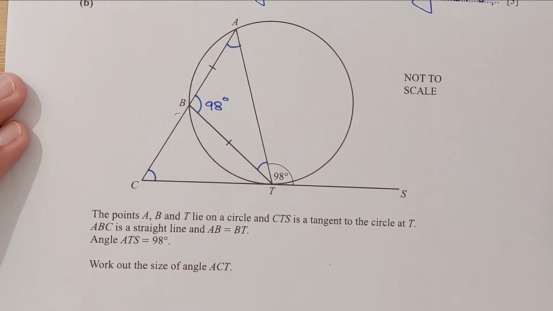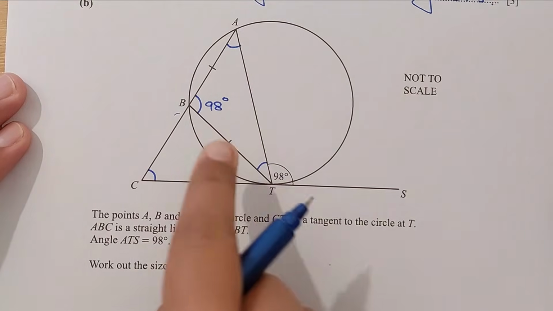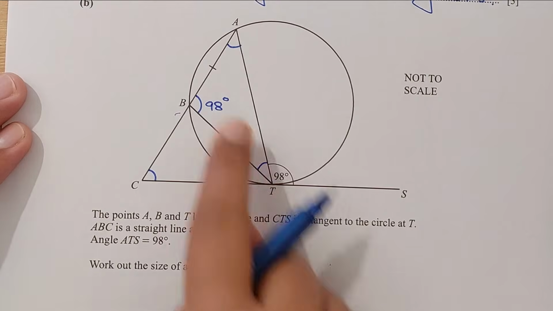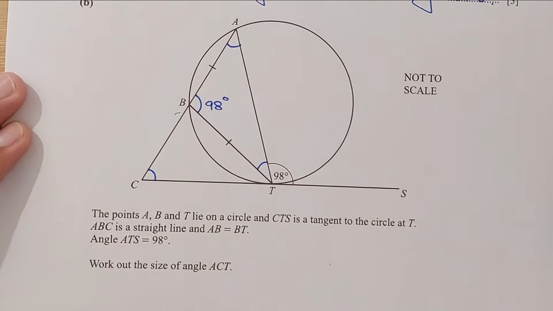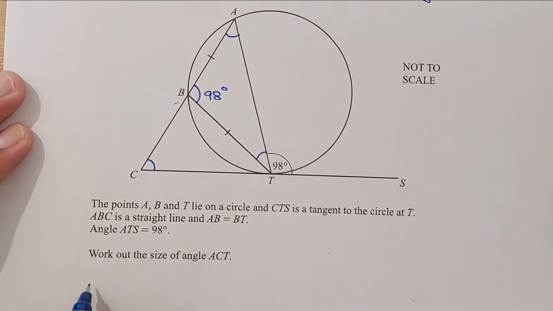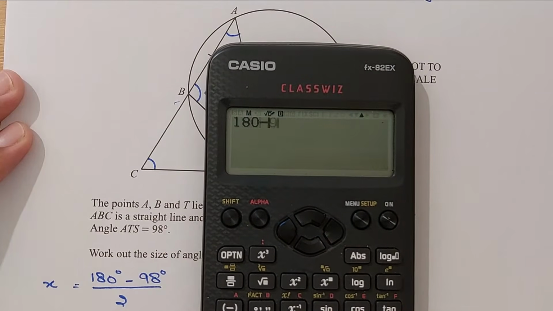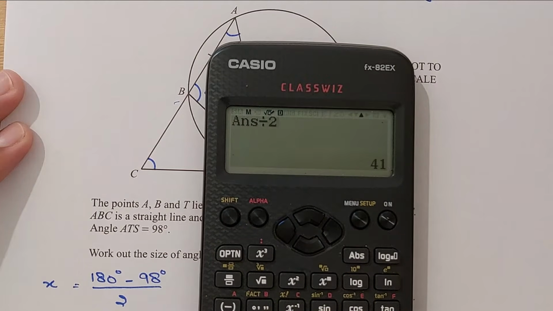Okay, so as we know that this angle is 98 and these two angles are the same, right? Let me find these two angles first, because this is an isosceles triangle. So we can say that 180 degrees minus 98 degrees divided by 2, let's say this is angle x degrees and x degrees, right? So this is 180 minus 98 divided by 2, this is 41.